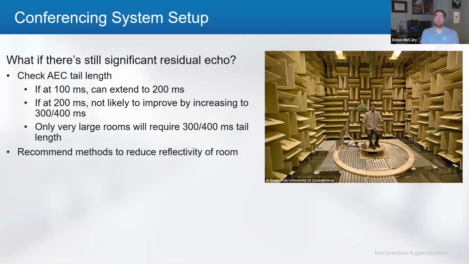The very last thing that you can try is to extend your tail lengths. That is sort of the last ditch effort, but it might be required. We generally just want to tell people to try to mechanically reduce the reflectivity of the room.